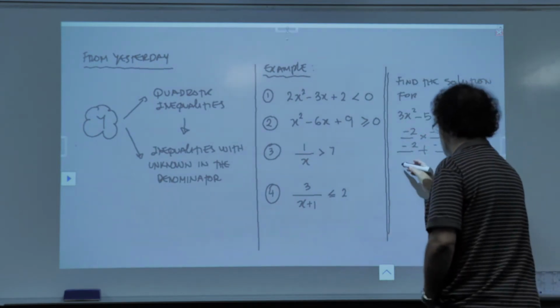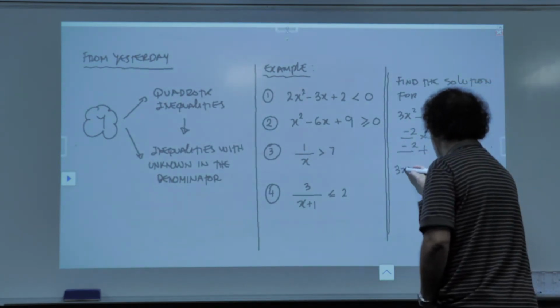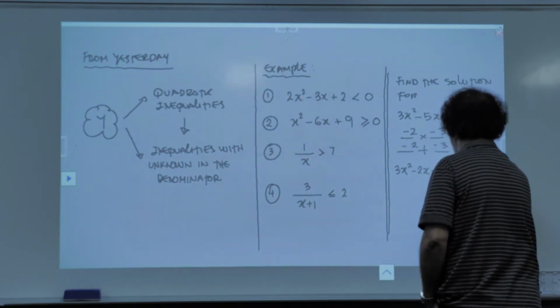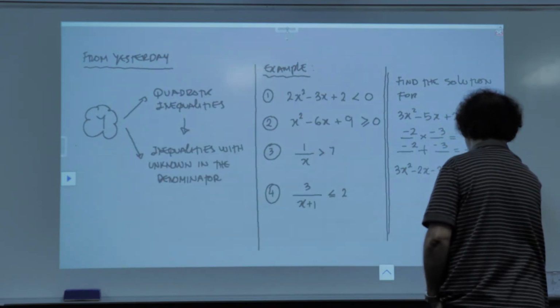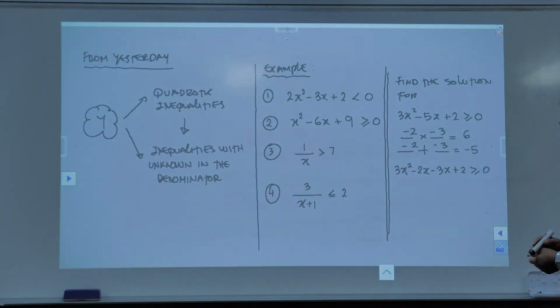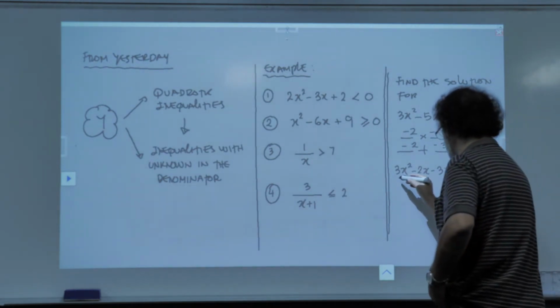So this can be done as 3x squared minus 2x minus 3x plus 2 greater than or equal to 0. And then we group them, remember?